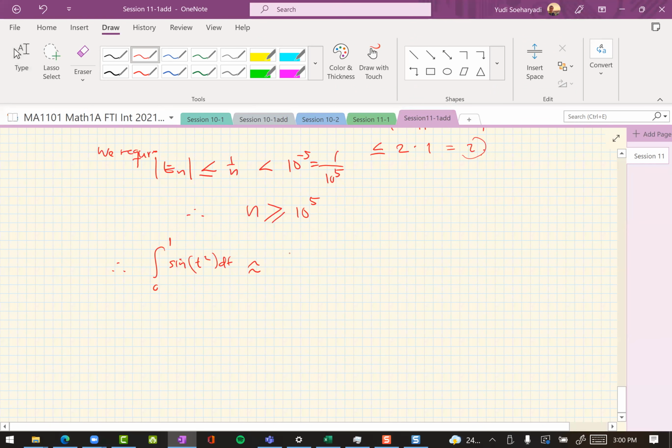Just 1 over sine over there. There's a lot of computation because you're summing up 100,000 numbers.